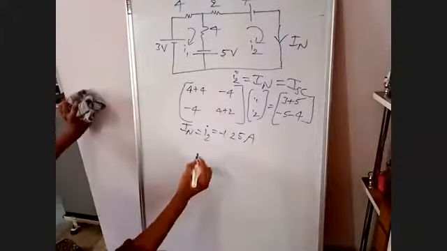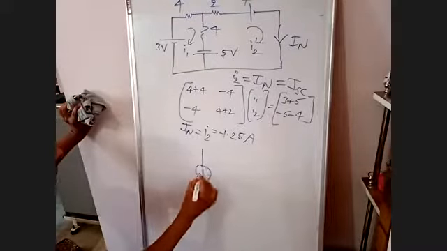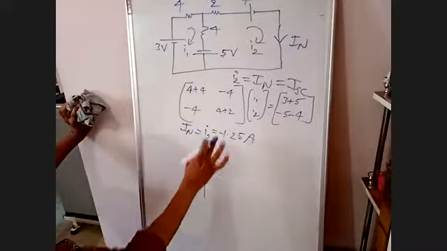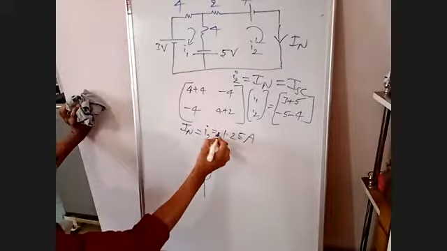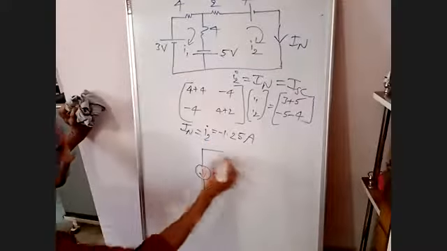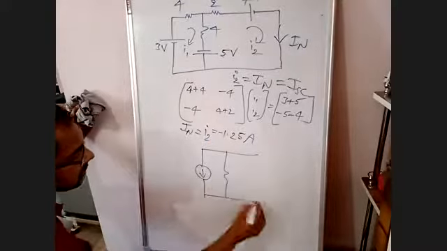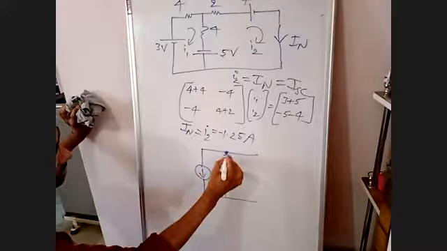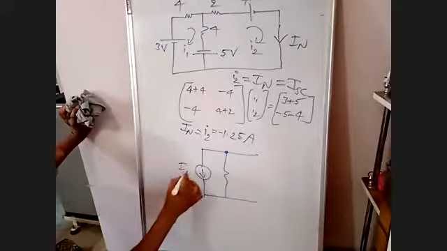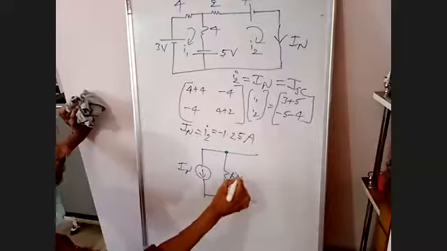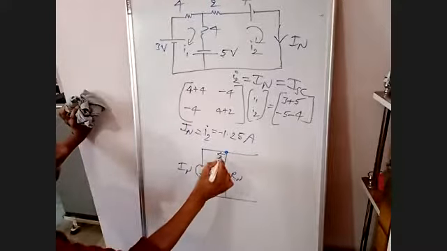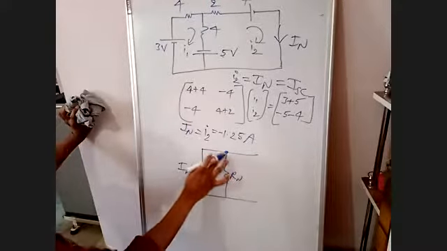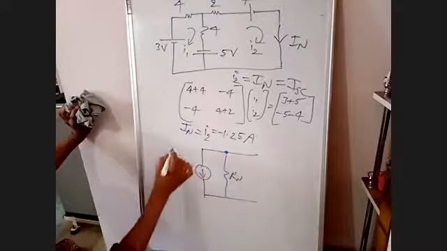See here in your textbook, they have taken it as negative, and the arrow is downward. Why is the arrow downward? Because for a positive direction, what have you taken?